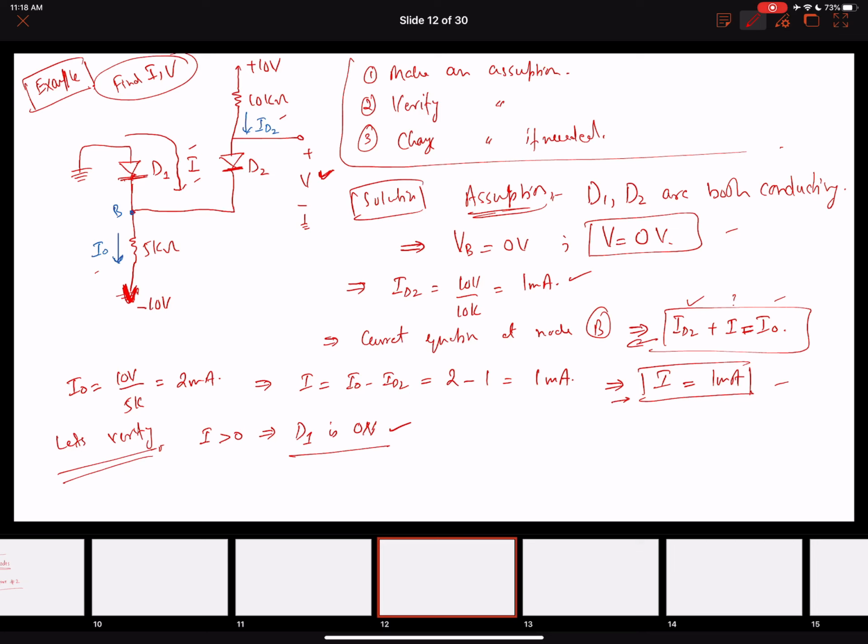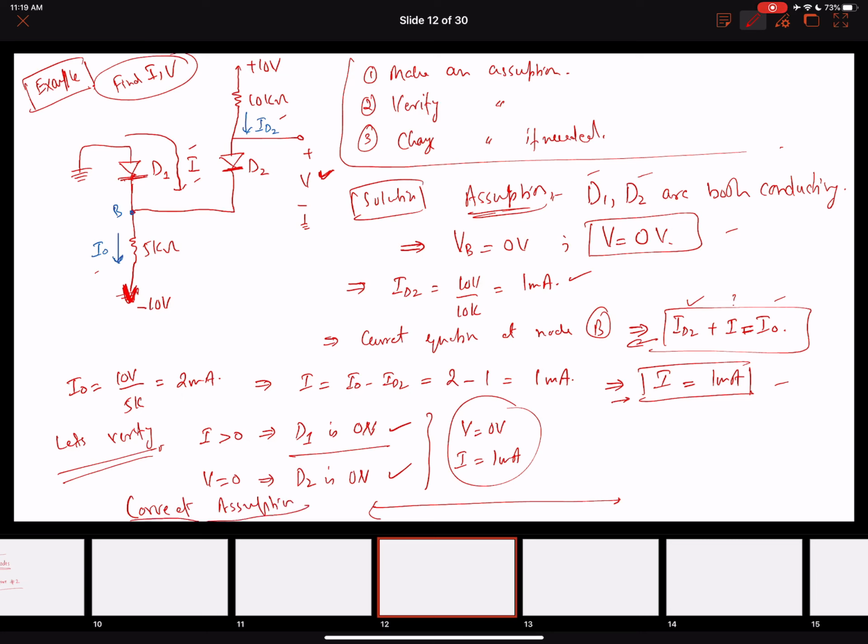That was my assumption too, that both D1 and D2 are conducting and my V is 0 volts. So this means that my D2 is on as well. This verifies our assumption, and our answers are capital V is 0 volts and capital I is 1 milliampere. So our assumption was correct, and here are our answers.